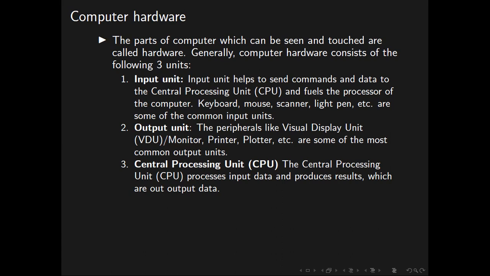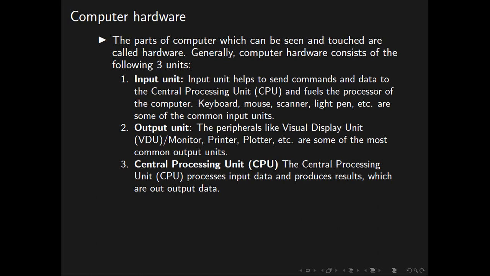Then central processing unit. We know about the central processing unit. That is the motherboard, the processor, then RAM, memory unit, hard disk, SMPS, and the CD or DVD drive. All those hardware units we use till now belong to the central processing unit, CPU.